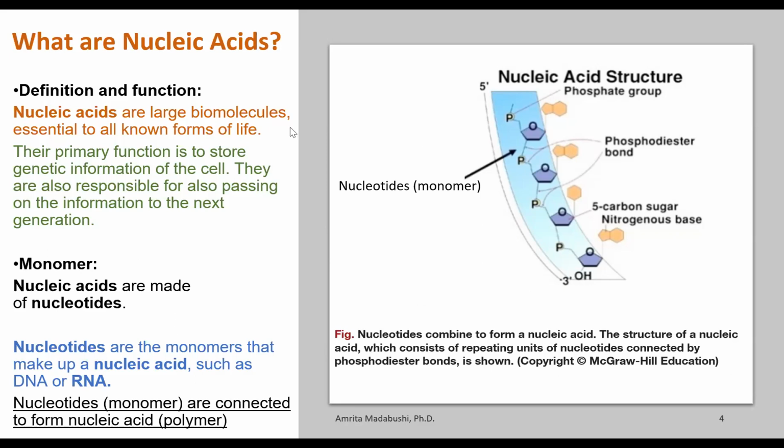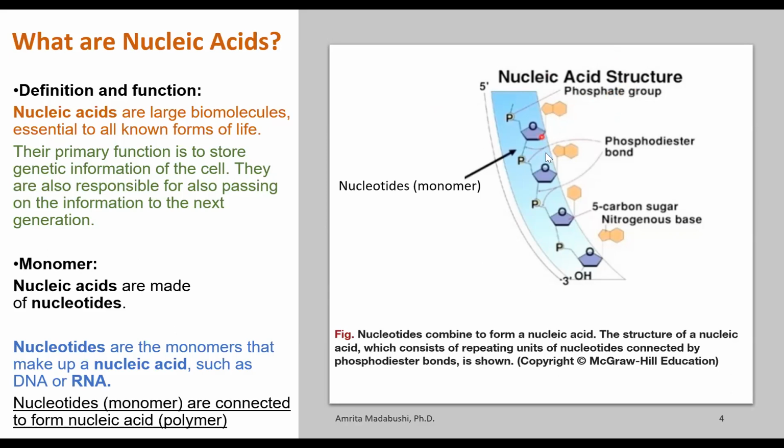Now we're going to switch our attention to the right side of the slide, to the figure. On the figure, you see the structure of nucleic acid. That's correct, yes, perfect. That's a good definition. So we have here the nucleic acid structure.